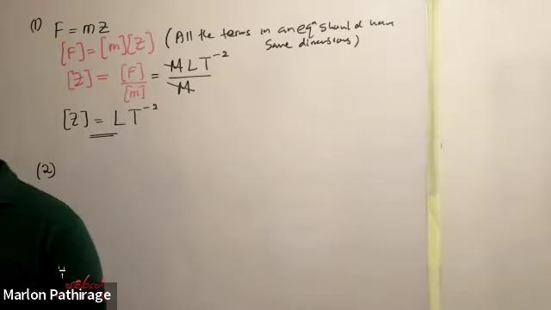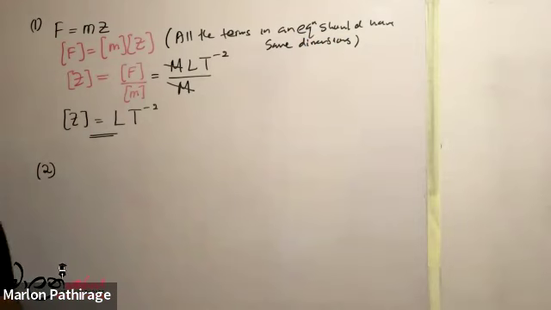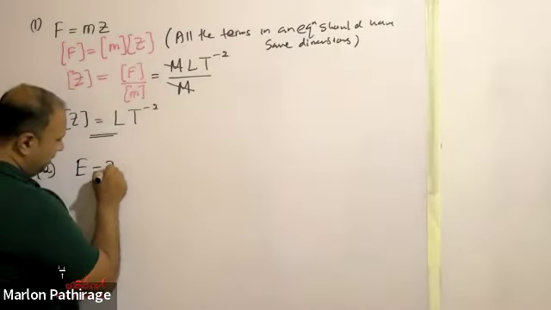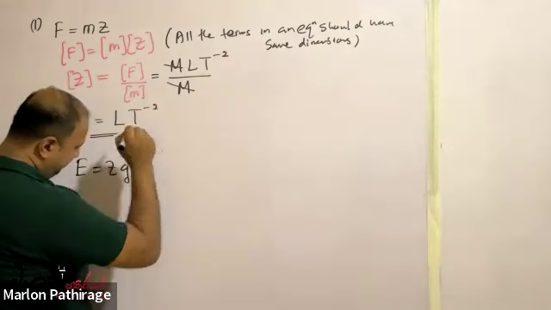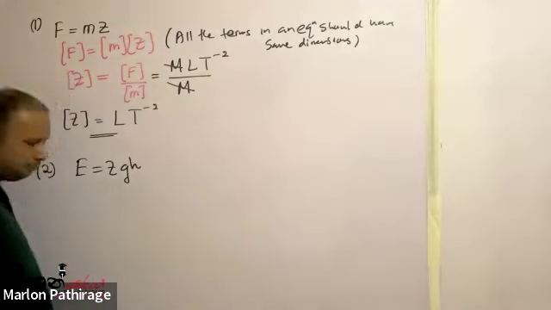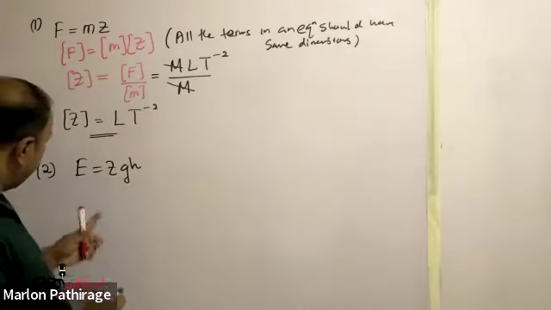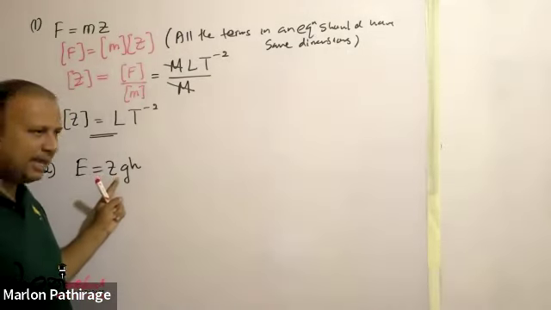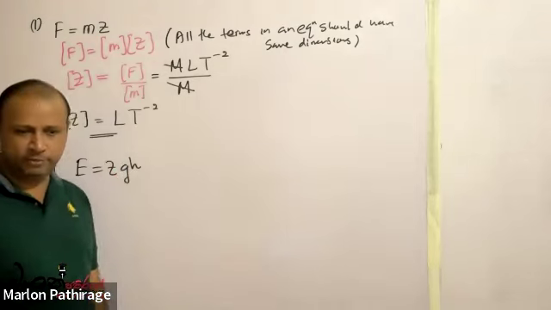The second thing is E equals ZGH. E means energy. G means gravitational acceleration. H means height.